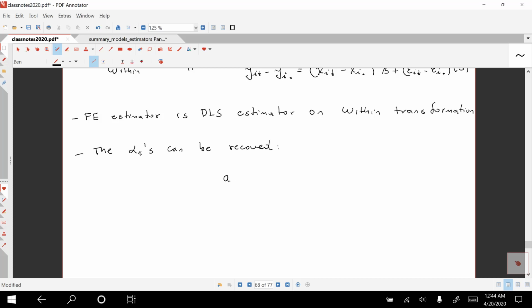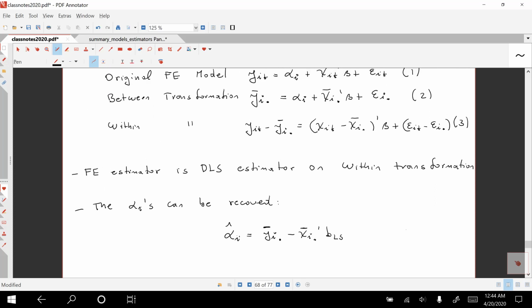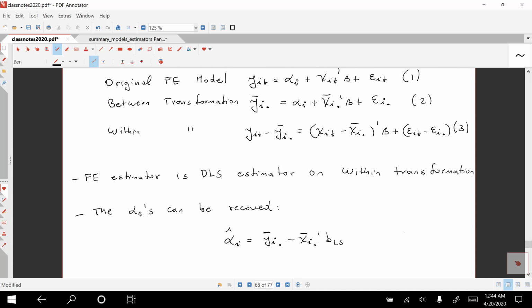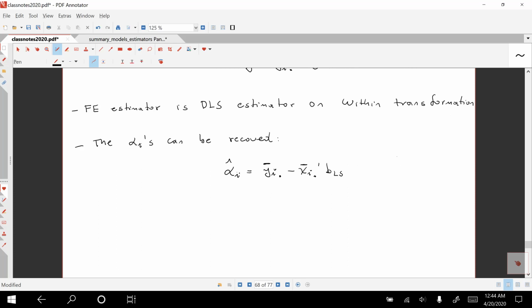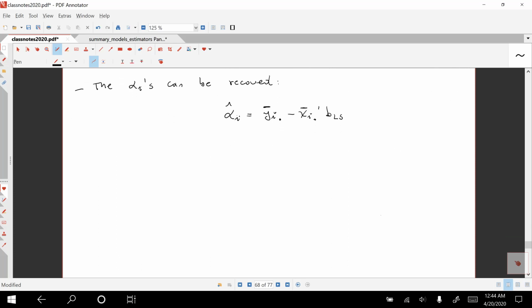Alpha_i hat is going to be equal to y_i bar minus x_i bar prime times beta hat FE, the estimate for beta.